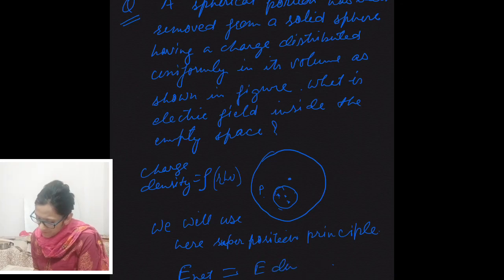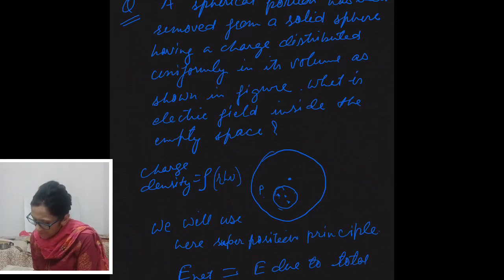So firstly, E net will be equal to E here, electric field here, due to total uniformly charged sphere.